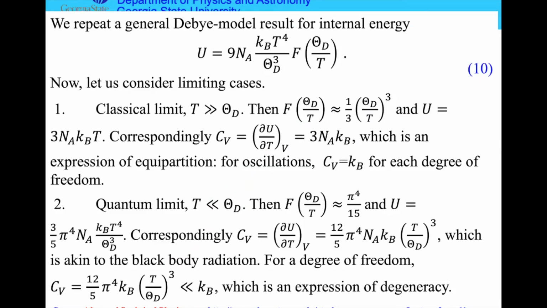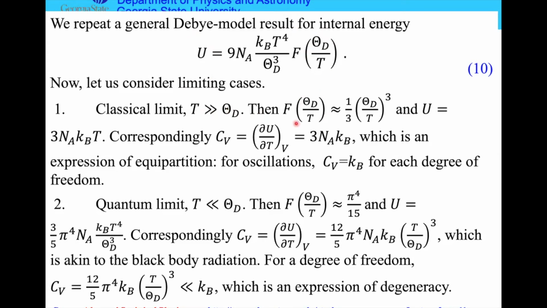Now I'm repeating the expression we got. So this is a general expression for internal energy in the Debye model. And now we'll consider limiting cases. So the classical limit. The classical limit is when this argument is small, temperature much greater than the Debye temperature.